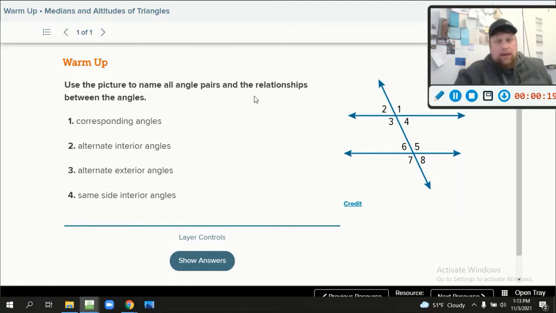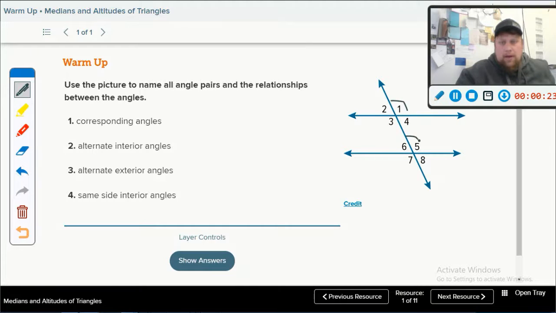Corresponding angles, right? Corresponding angles are like angle 1 and angle 5, angle 4 and other ones could be angle 2 and angle 6, or angle 3 and angle 7, okay?